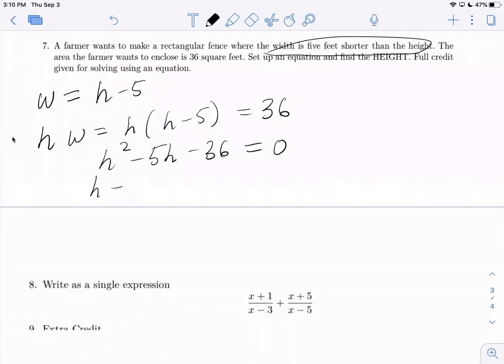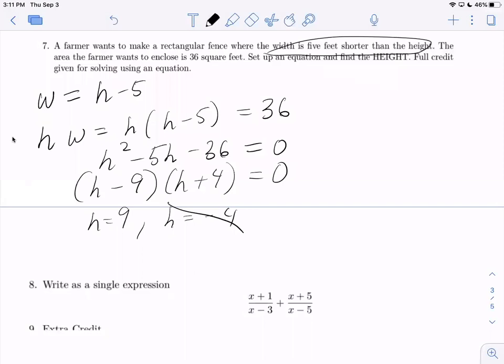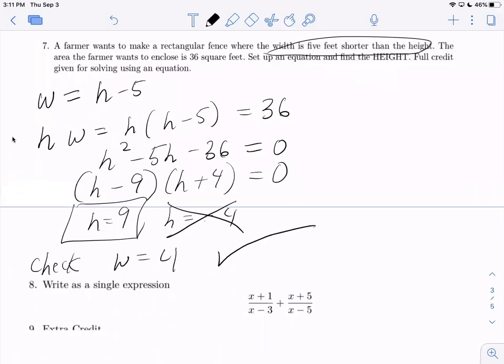One of them has to be negative, and because the middle number is negative, that means the bigger number is negative, so it's negative 9, and then H plus 4 equals 0. We have two answers, H equals 9 or H equals negative 4, and this doesn't make sense because we want a height, so the height equals 9, and then you just check that the width would equal 4, and does it work out? Yeah, it does.